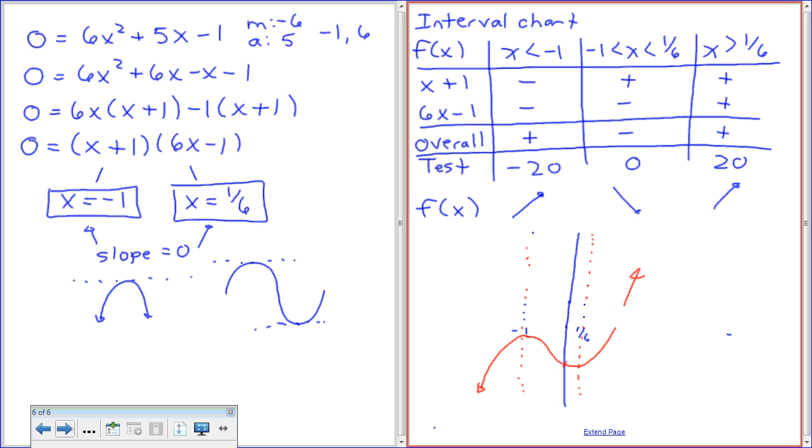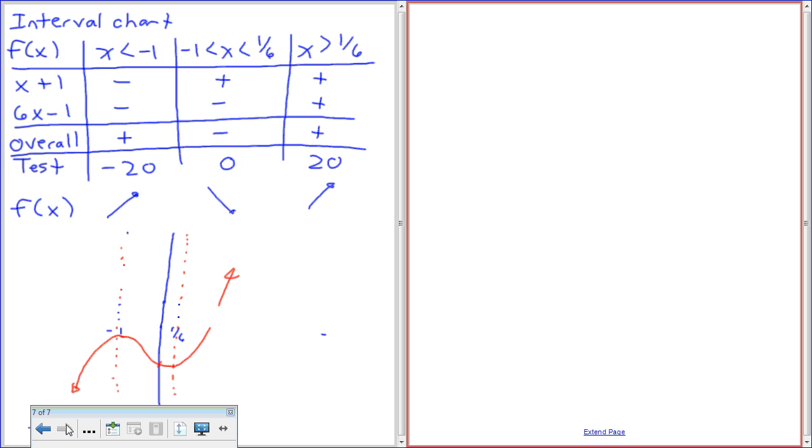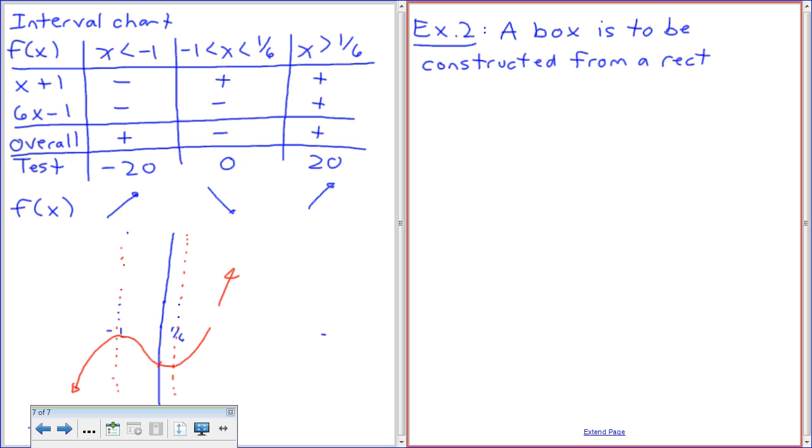Example 2 says a box is to be constructed from a rectangular piece of cardboard that measures 12 by 18.